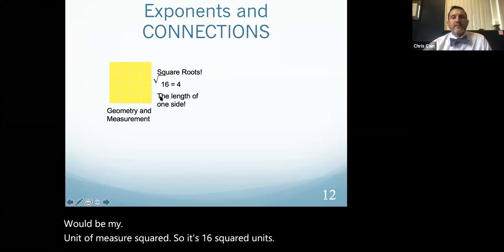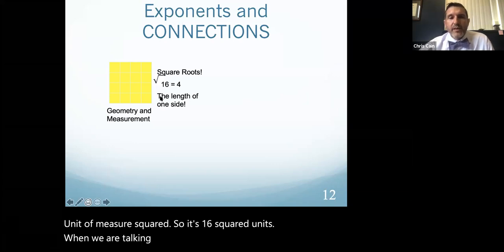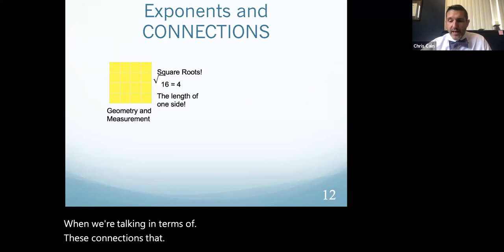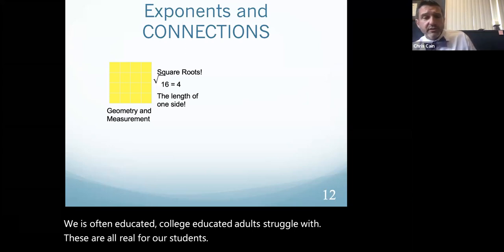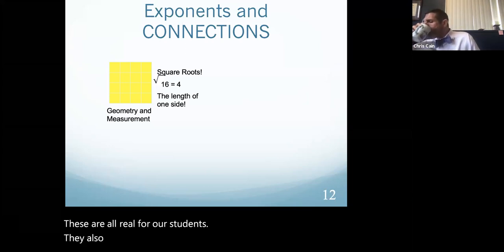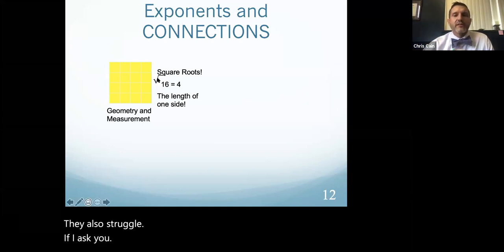When we are talking in terms of these connections that we as often educated, college-educated adults struggle with, these are all real for our students. They also struggle. If I ask you, what is the square root?